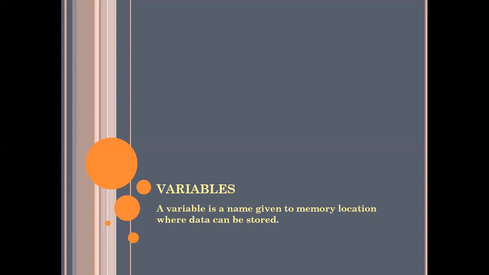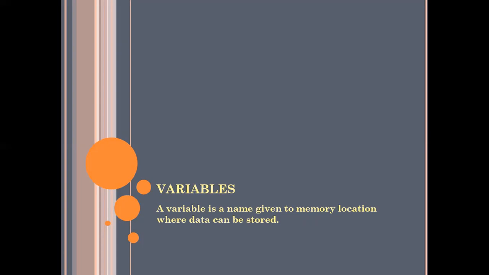The very first important point is that a variable is a name given to a memory location. A variable is a data name that may be used to store a data value. Unlike constants that remain unchanged during the execution of a program, a variable may take different values at different times.